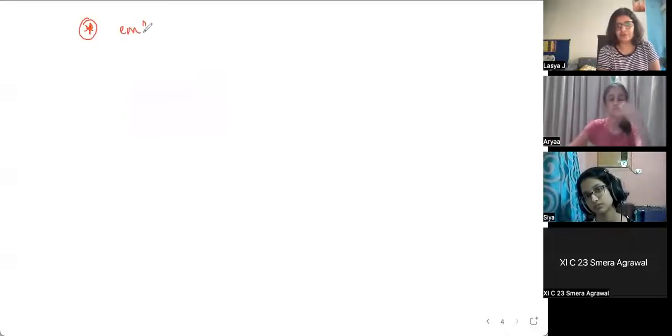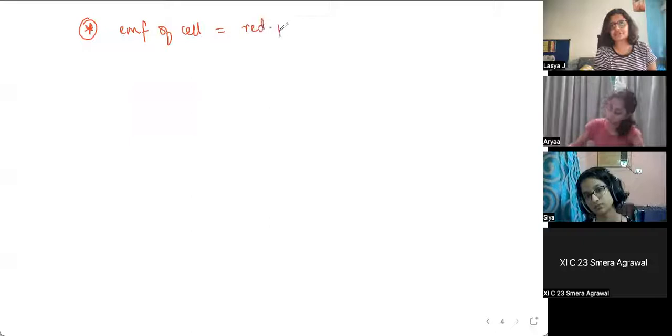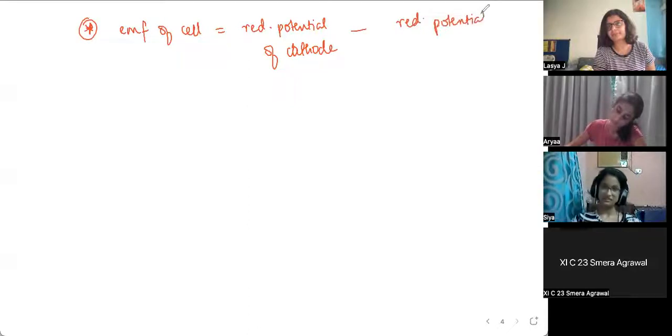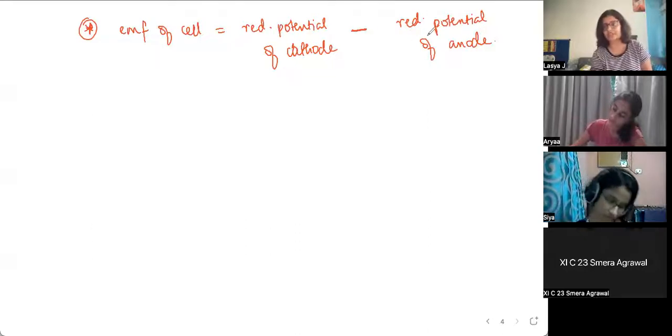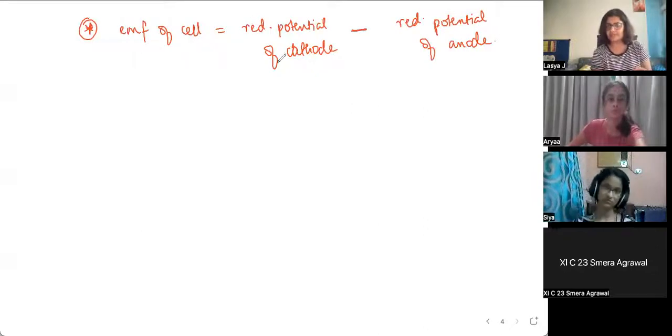So the EMF of a cell is equal to, because we are always using standard values only, the reduction potential of cathode minus the reduction potential of anode. So you're using reduction potentials, numerical values are reduction potentials in both the cases, but one is reduction, so you'll retain the value as it is.